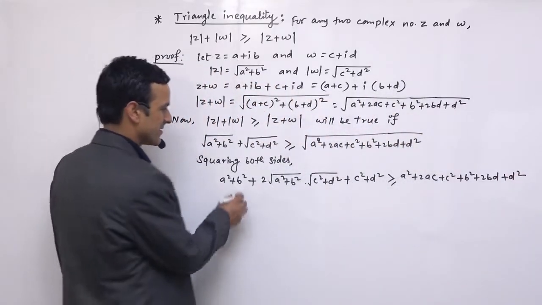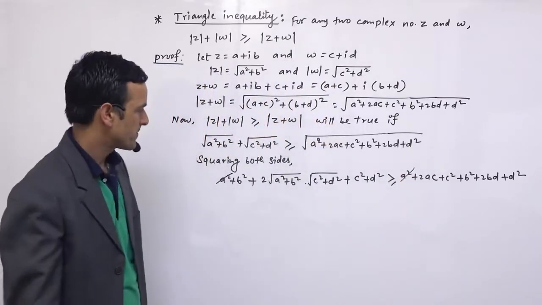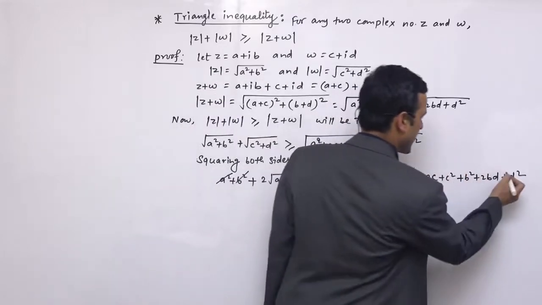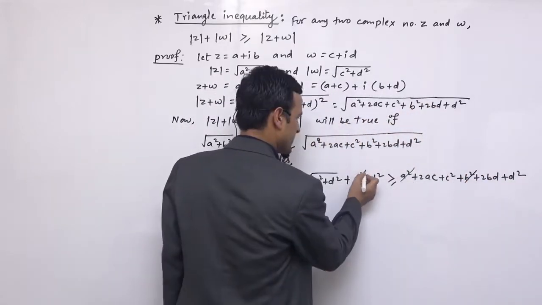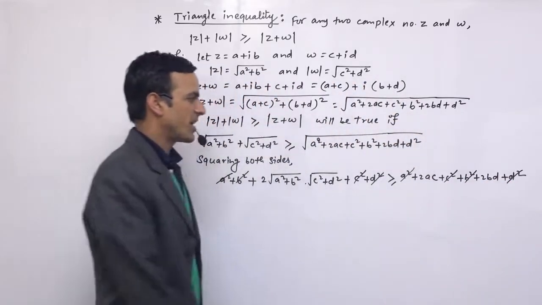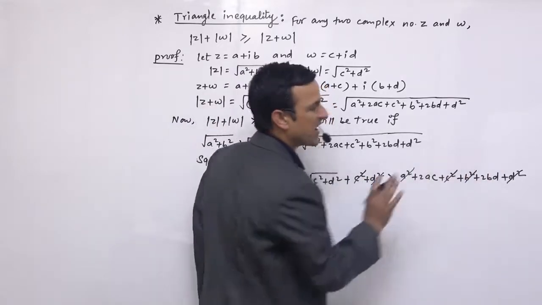Now we can cancel this a square and a square. Similarly, b square and b square, and c square and d square, c square and d square. In this way, we can cancel the same term on LHS and RHS.